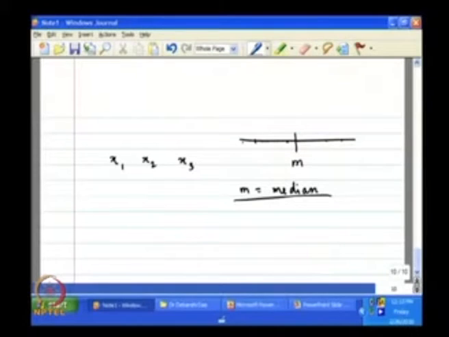So, if candidate 1 wins, he is going to implement x1, and if 2 wins, he is going to implement x2, like that.